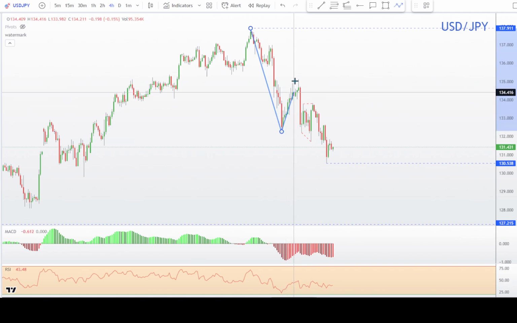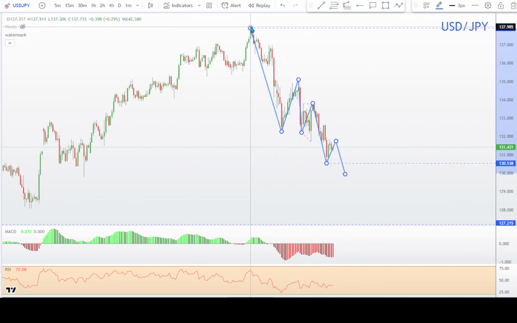So that's 1 correction, 2, and now you got this little expanding flat here in the middle, 1, 2, and down to here. Now if this corrects right to here and then comes back down one more time, then this could be all the correction, because this would be your A, your B, and then this would be an ending, a C wave, an impulse.